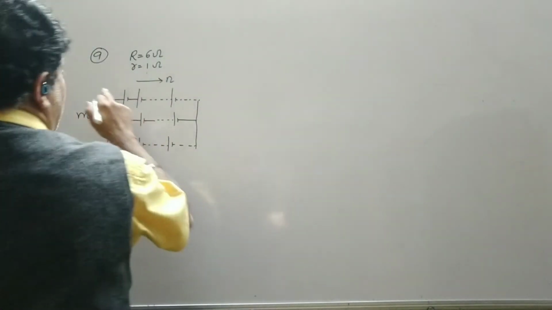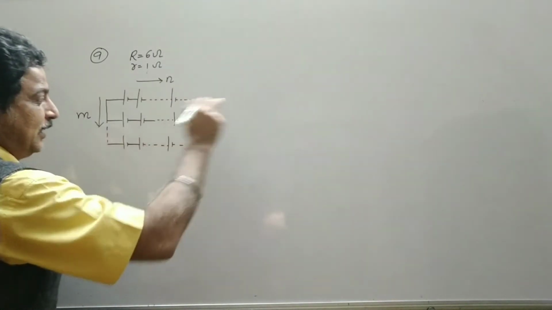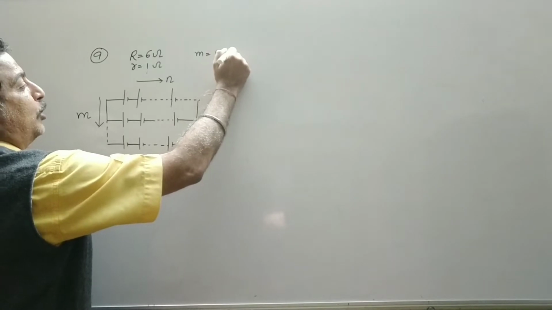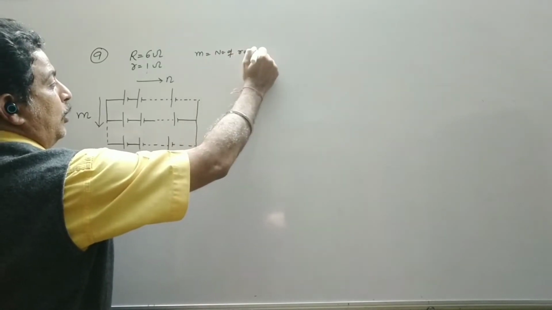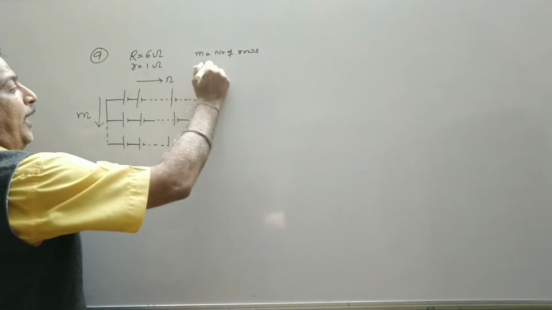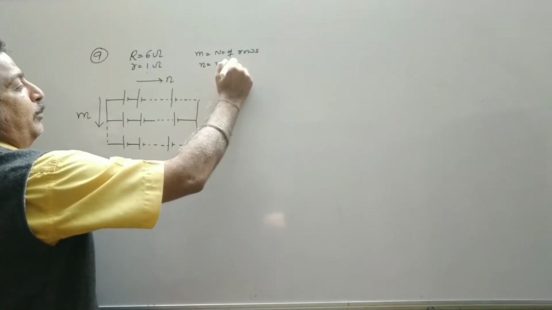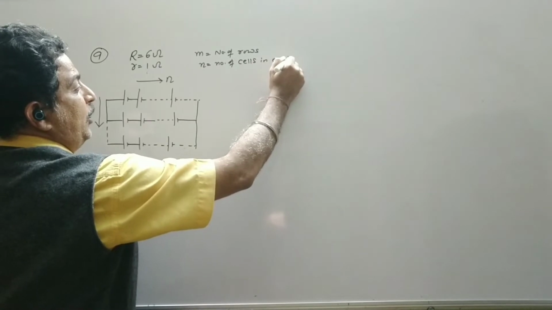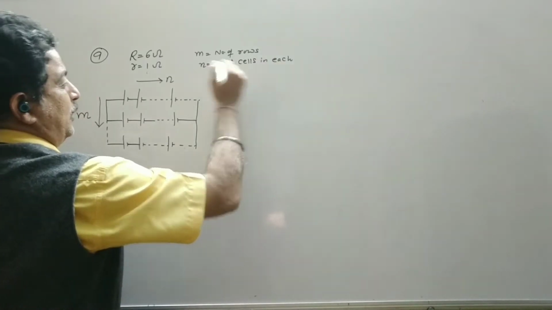So n is the number of cells in each row, and m is the number of rows. So this is the situation.